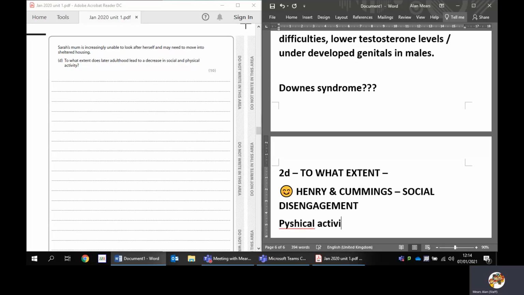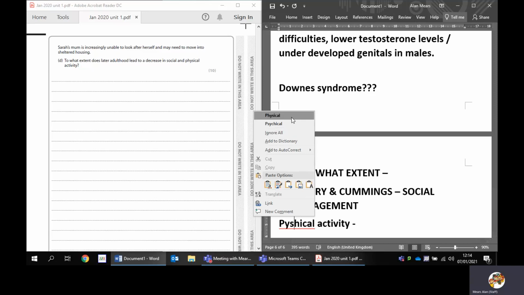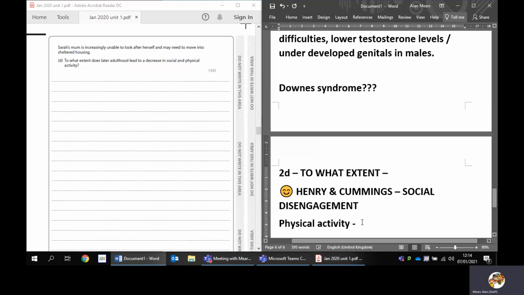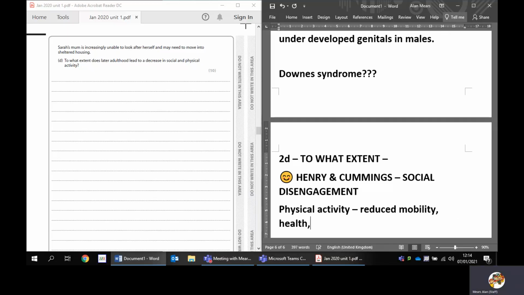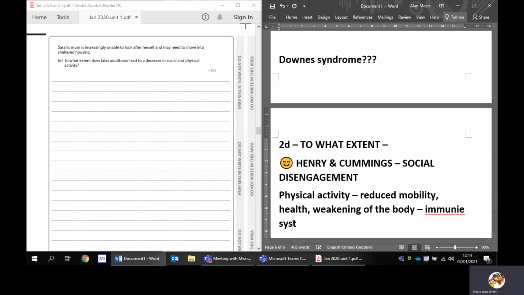Again, we could talk about the biological change in later adulthood. Excuse all these typos. So reduced mobility, health. We can talk about weakening of the body, immune system. We can talk about osteoporosis.